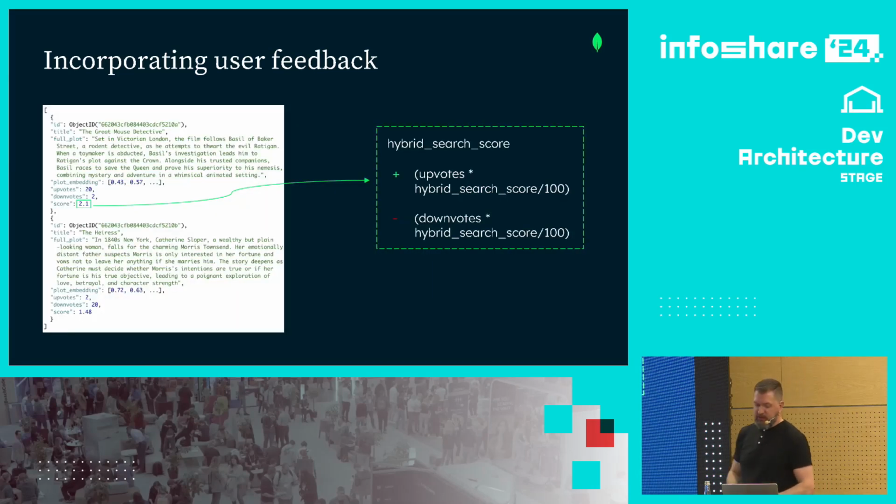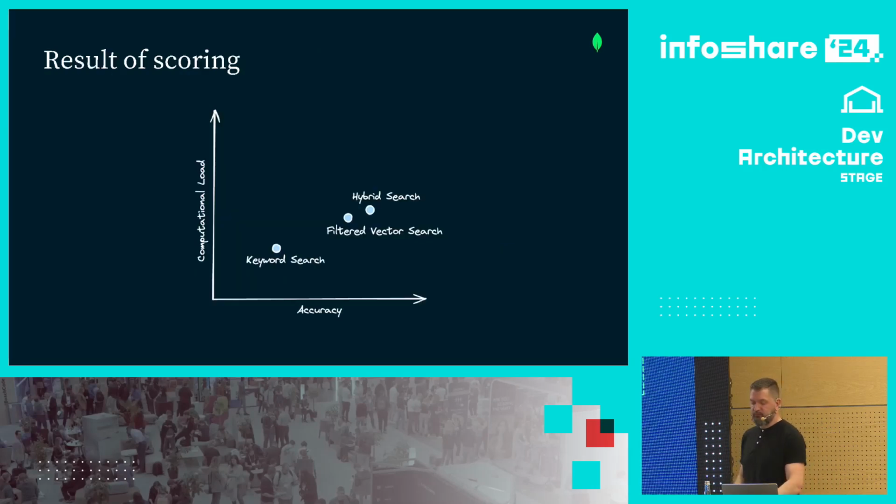Then we could store this upvote, downvote information in our document. Again, having that operational store right next to our vector store is very helpful. We can store that information in that document and use this for boosting or suppressing these chunks in future queries. For example, the number of upvotes would increase the score by a percentage and downvotes would decrease it by a percentage.